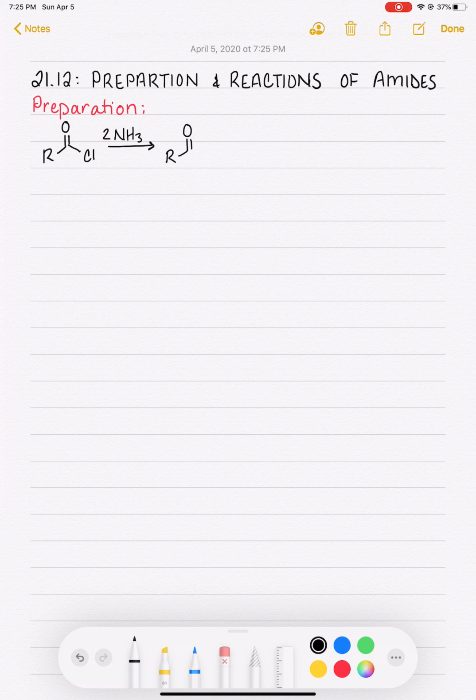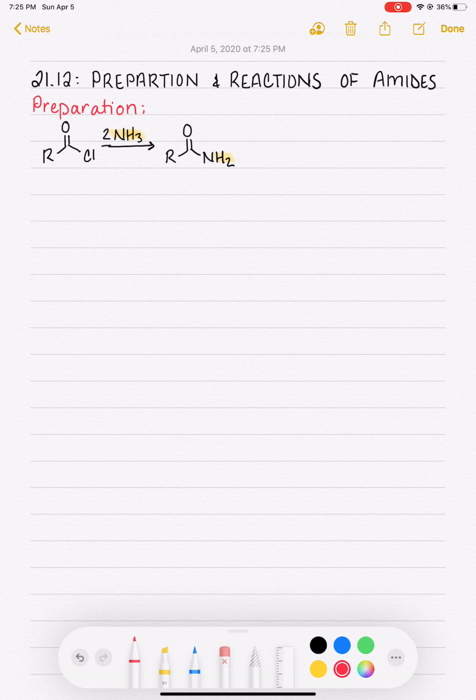Remember, we need excess of that, or 2 equivalents of that. Depending on which amine you use for this reaction, you can end up with a variety of different amides.